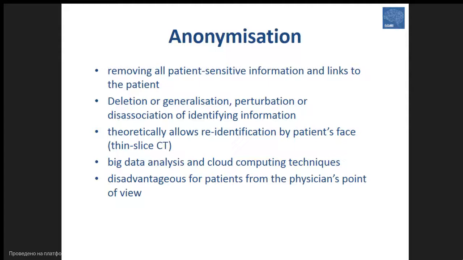Anonymization means removing all patient-sensitive information. It actually deletes identifying information. Theoretically, it still allows identification of the patient's face by 3D reconstruction. Anonymization is used for further big data analysis and cloud computing technology. But from the physician's point of view, it is disadvantageous because we cannot connect the data with the patient.